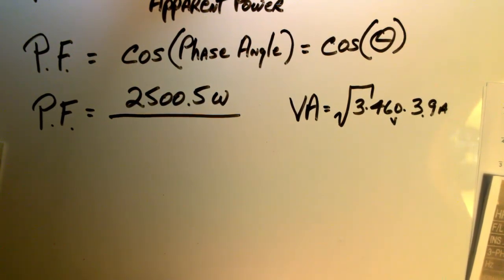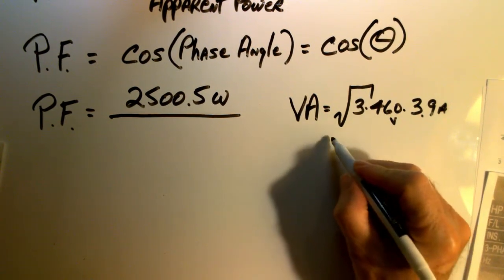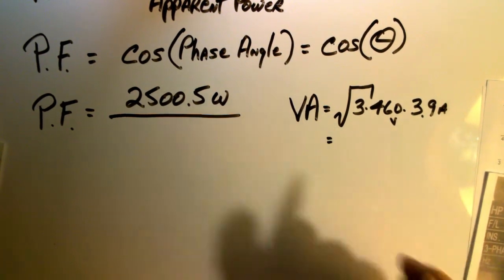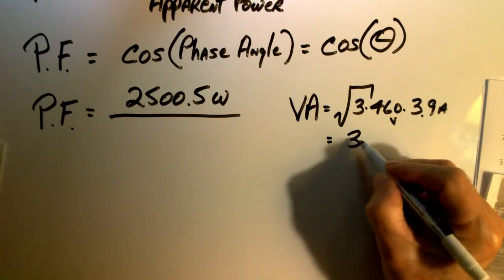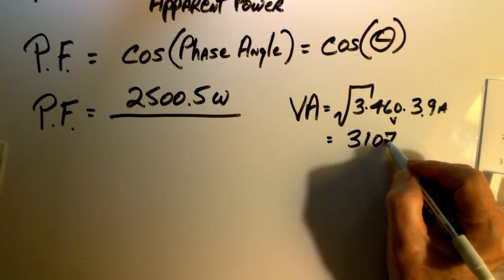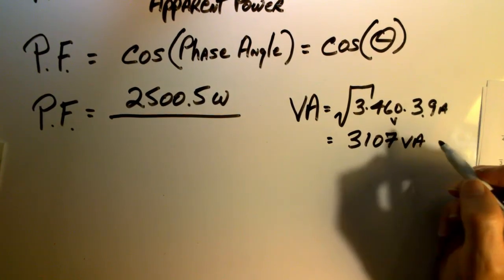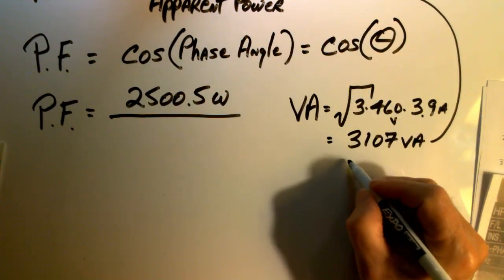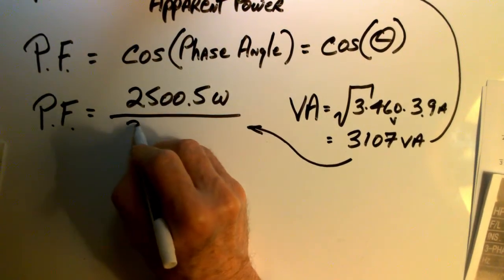Okay, so that number came out looking okay. So my apparent power is 3,107, and that's going to be voltamperes, by the way. This is my apparent power, and I'm going to put it right over here because we need to use it in this equation.